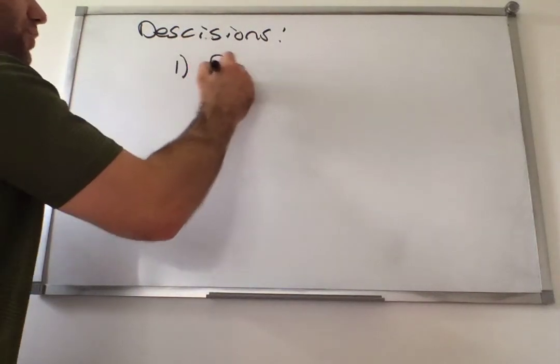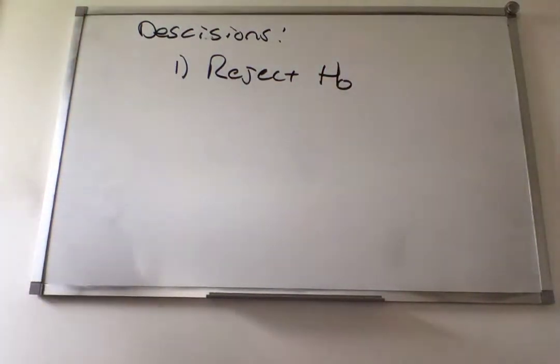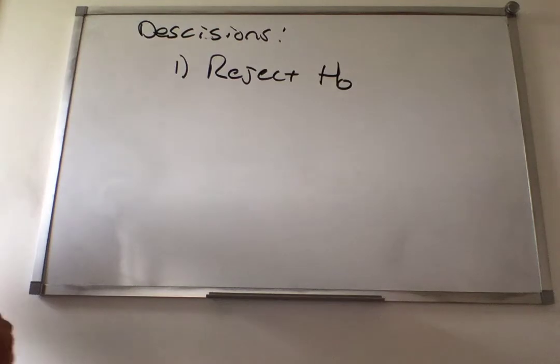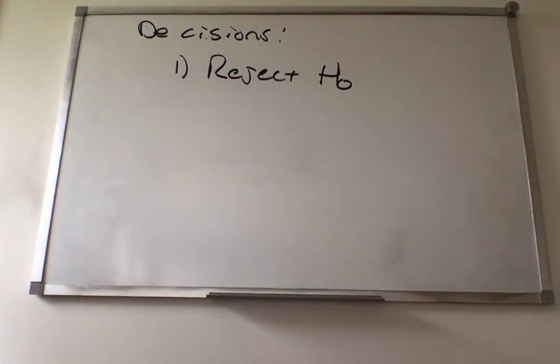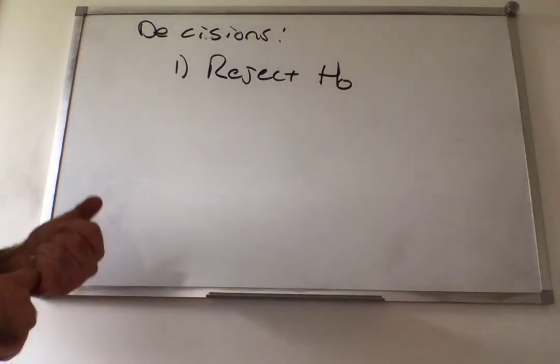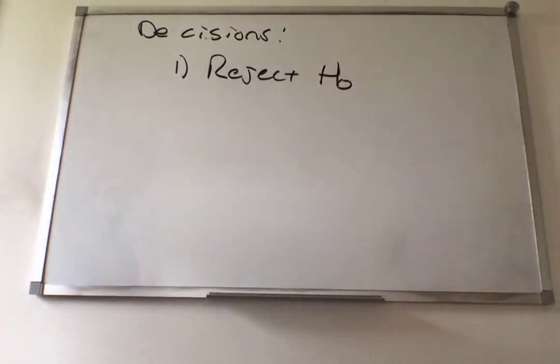One is to reject the null hypothesis. Okay. So remember, we're assuming it to be true. From the very beginning, we assume that the null hypothesis is true. But then, based on our data, if we reject it, that just means that our initial assumption was wrong.